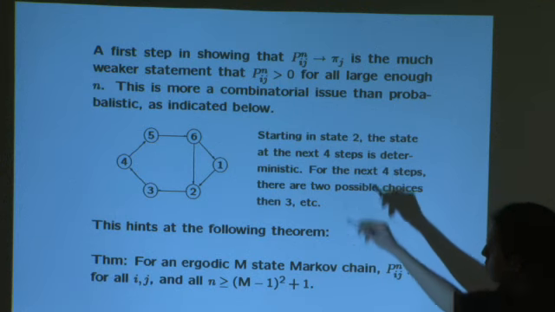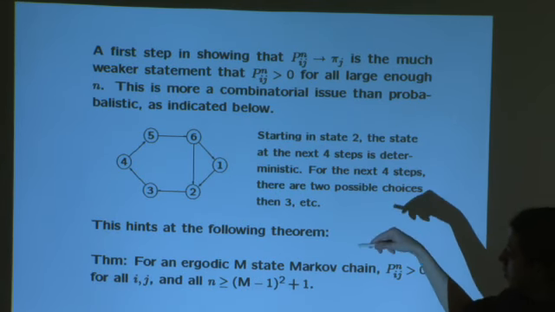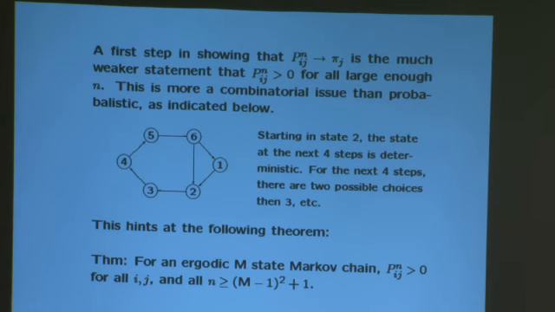For going from state 1 to 1, I can do it in 6 steps and 12 steps and so on. But I cannot do it in 24 steps, I think. I cannot go from 1 to 1 in 25 steps.